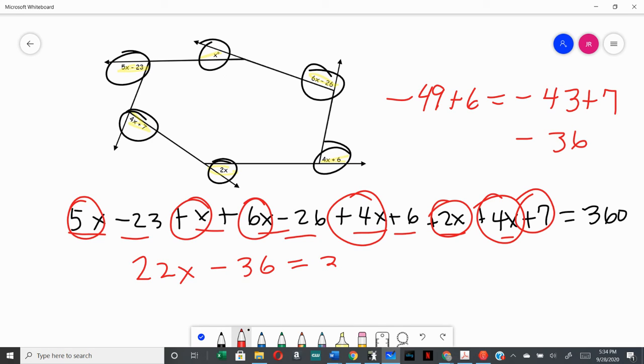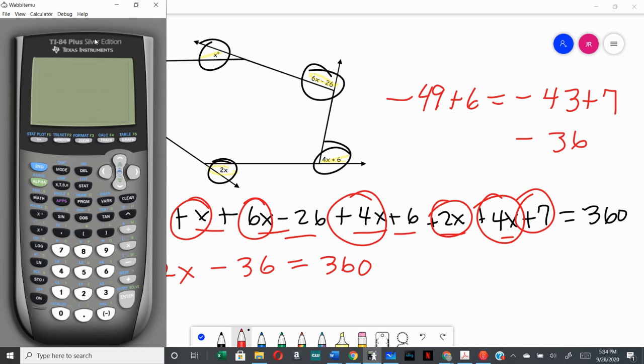And that's going to equal 360. Now, if you've got a calculator, please use your calculator. I was just doing it in my head just because I didn't want to pull my calculator up.